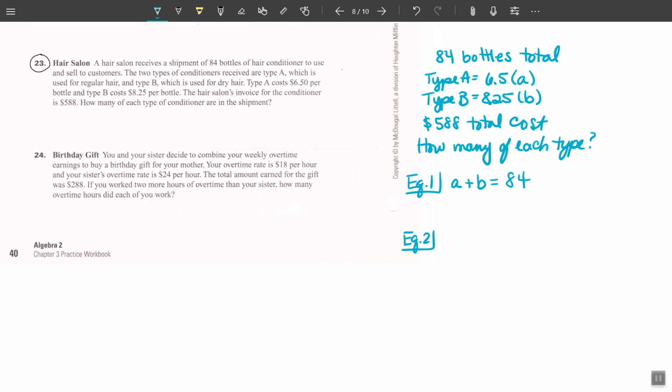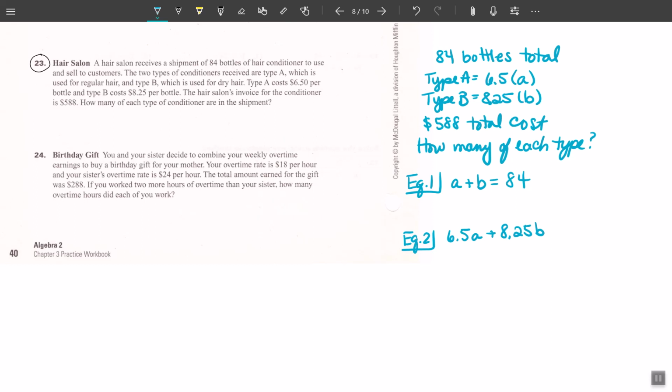Then we've got the cost to think about. Every time you buy a bottle of type A, I think I keep saying sold. We're talking about them buying the shipment in from the distributor. So every time they bought a bottle of A, they had to pay $6.50 for it. Every time they bought a bottle of B, they had to pay $8.25.